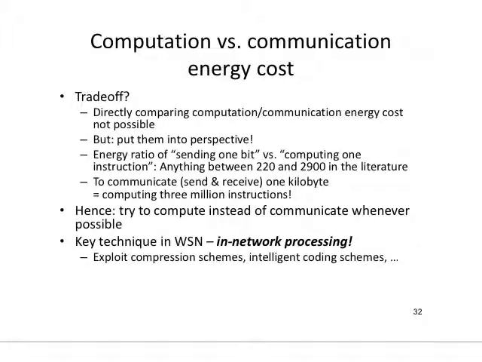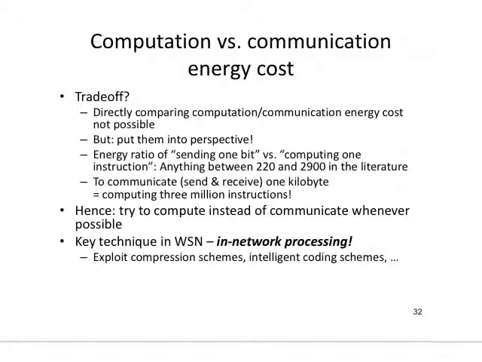And how much computation should we do in order to reduce the communication, whether a lot or a little bit? So we need to know, in terms of energy cost, what is the cost of computing something versus communicating something? So we need to know this ratio.